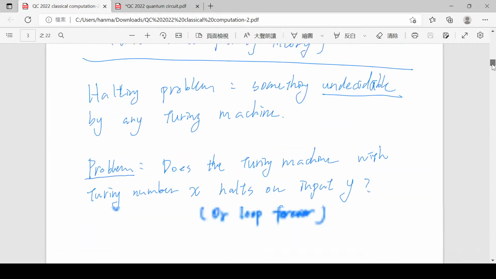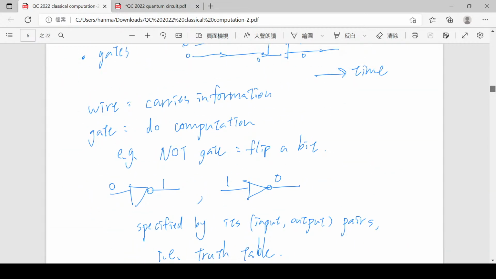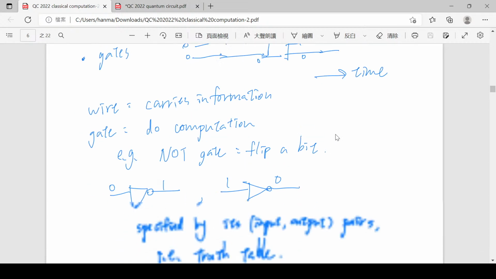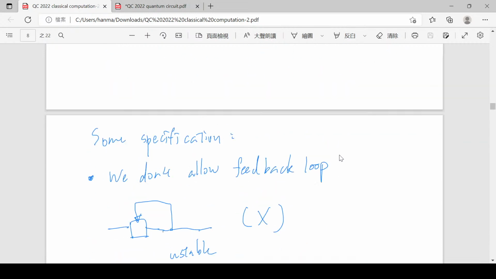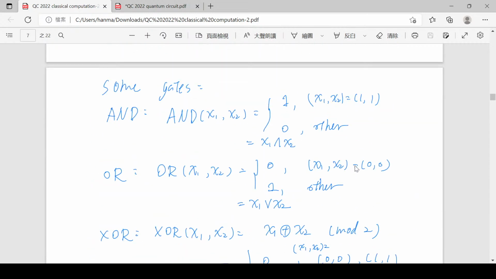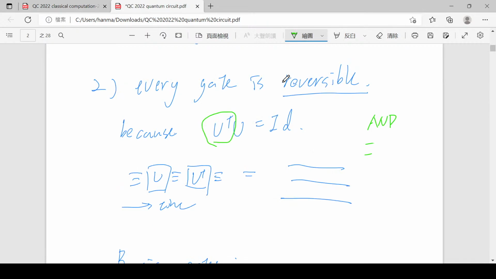AND gate, where is it? Oh, we didn't draw a picture. Anyway. Okay, thank you. And the gate is like this, right? And anyway, so you lose some information when you compute the AND gate. So say you have a 0 here and a question mark, you cannot reverse it because there are 3 different inputs that give you this 0 here. Okay.